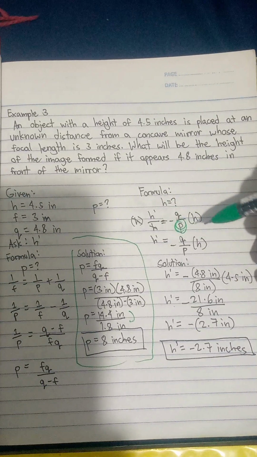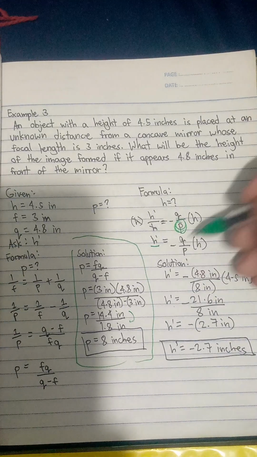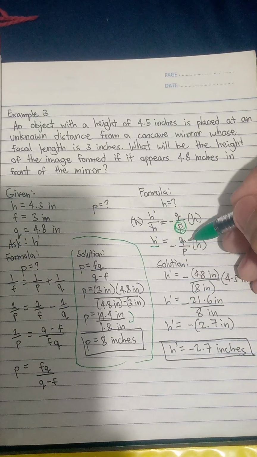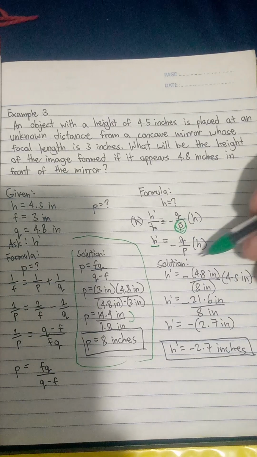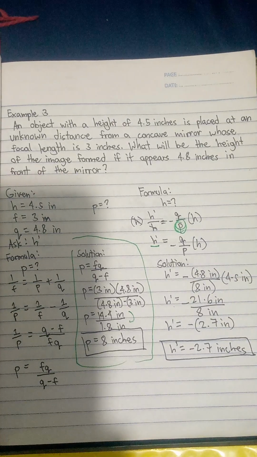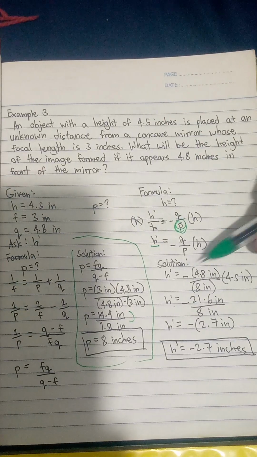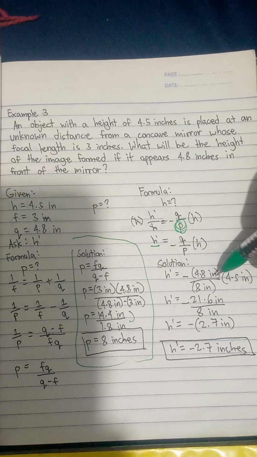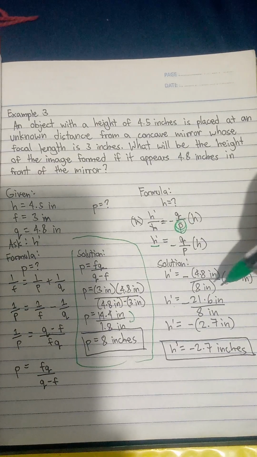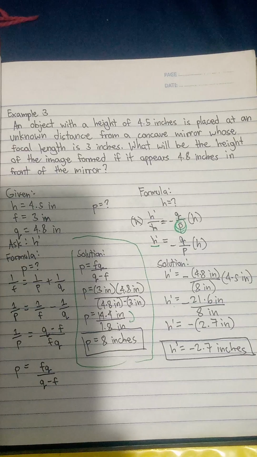Now we have h apostrophe equals negative q over p times h. Let us replace the terms with values. h apostrophe is equal to negative 4.8 inches over 8 inches times 4.5 inches.